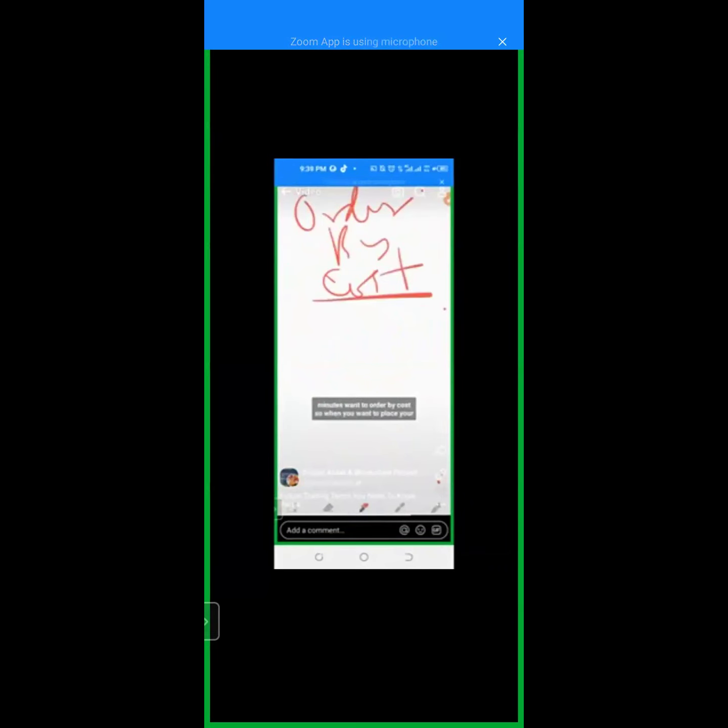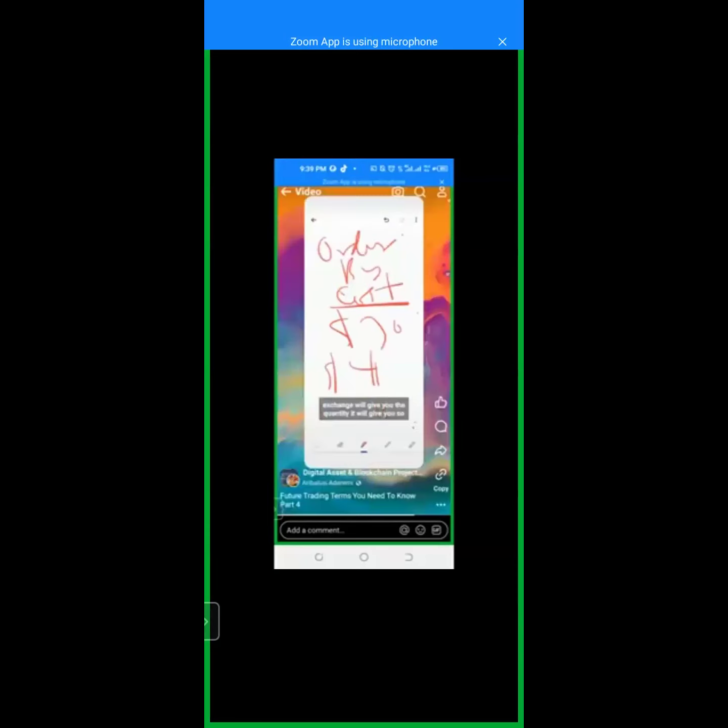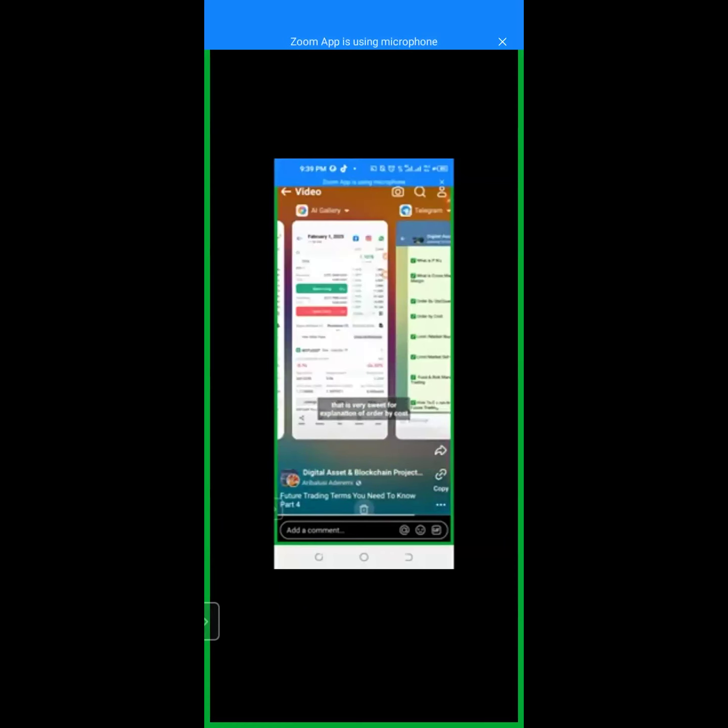So when you want to place your order, you don't want to order by quantity. You don't want to be doing calculation here and there. You don't know mathematics. You can't multiply simple 5 times how many quantities you want to place. Just type the dollar value. Out of my $30, I just want to buy $4 worth of that coin. Then the exchange will give you the quantity. So that is a very straightforward explanation of order by cost.